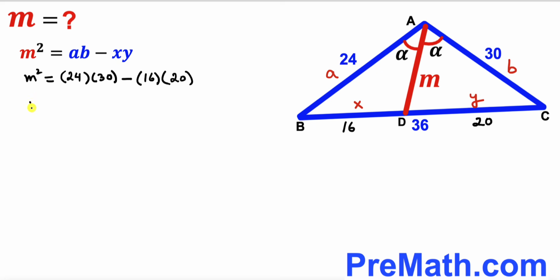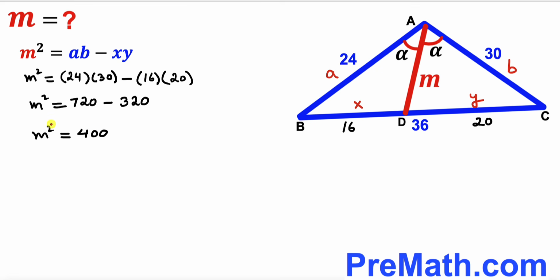Let's simplify. m square is going to be equal to 720 minus 320. So therefore our m square value turns out to be equal to 400.